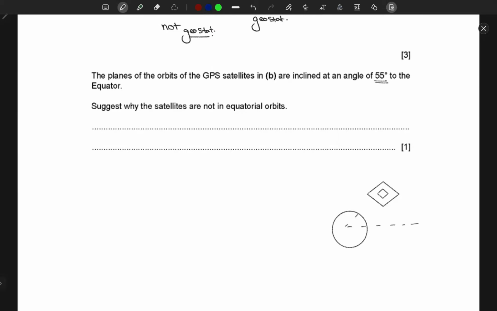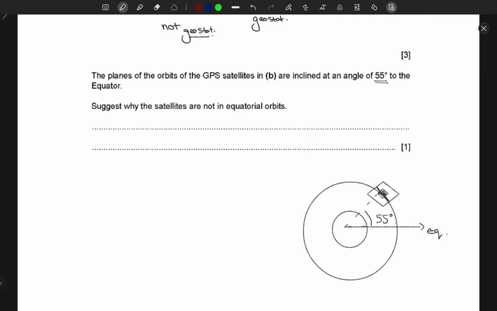This plane is inclined, where this thing is the equator. The plane is inclined at an angle of 55 degrees to the equator, and this is where the satellite is orbiting. So this is the satellite, and it lies in that particular plane, and it's going to orbit like this.